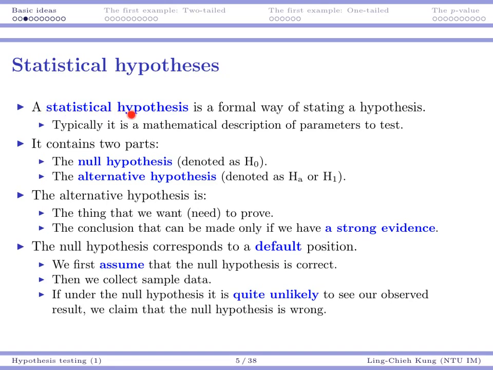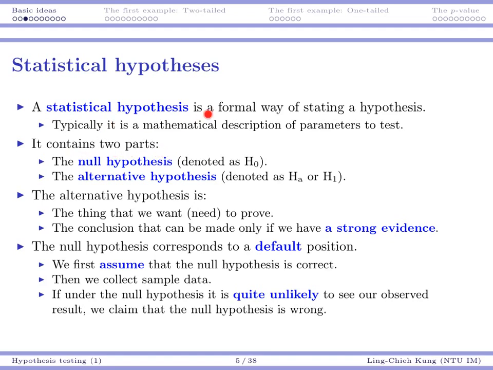So let's formally introduce statistical hypothesis to you. A statistical hypothesis, in our statistics world, is a formal way of stating a hypothesis. Typically, it is represented as a mathematical description of a parameter to test. It contains two parts.